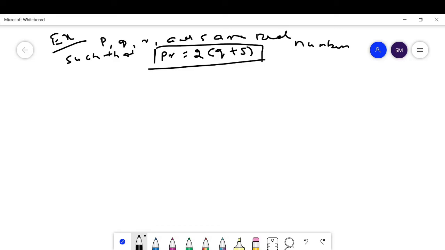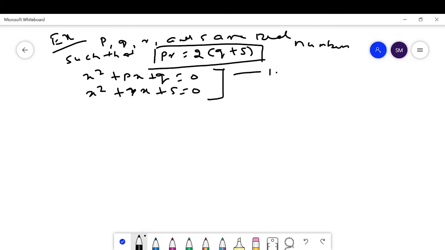the equation x² plus px plus q equals 0, and another equation x² plus rx plus s equals 0, have real roots. We have to prove that quadratic equation 1 and quadratic equation 2 both have real roots.